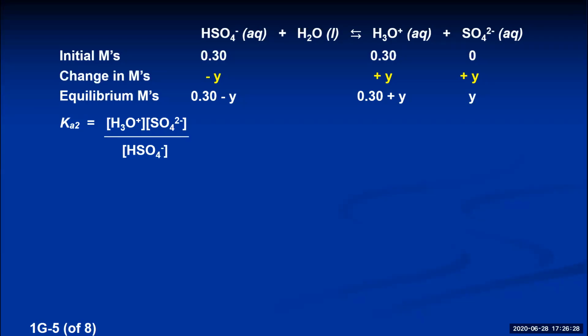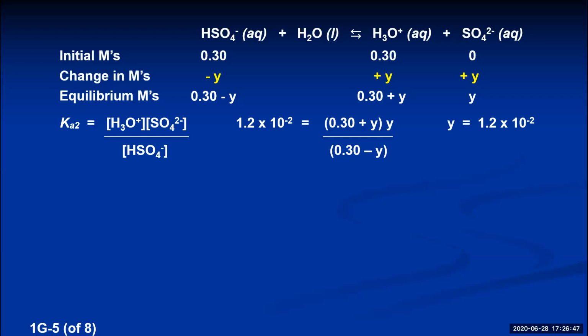So that would be the concentration of hydroniums times the concentration of sulfates over the concentration of bisulfate. And if you look up the Ka2 value for sulfuric acid, it's given as 1.2 times 10 to the minus 2nd. In this problem, the plus Y and the minus Y cancel out. The 0.3s cancel out, and Y equals 1.2 times 10 to the minus 2nd.